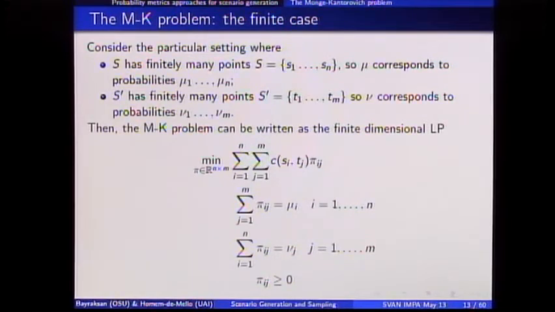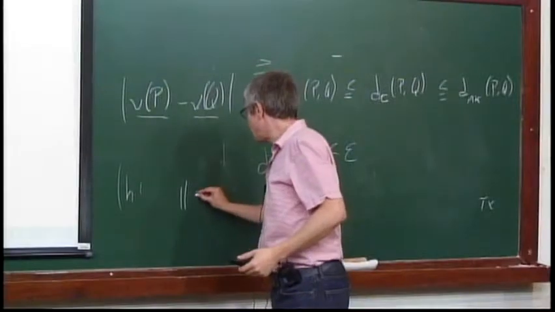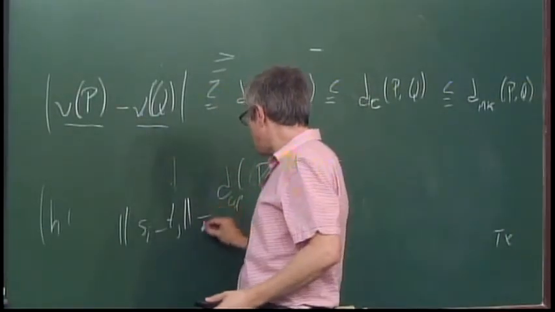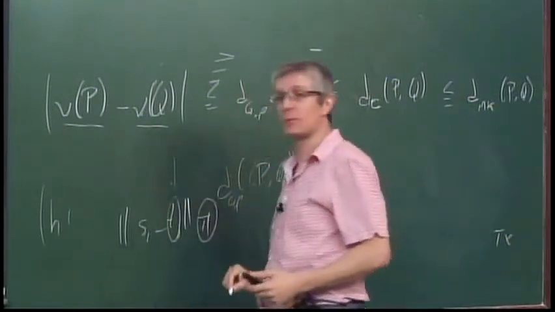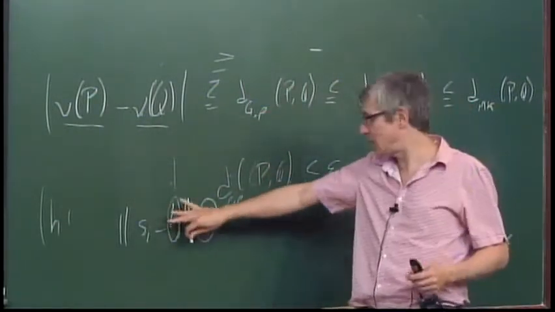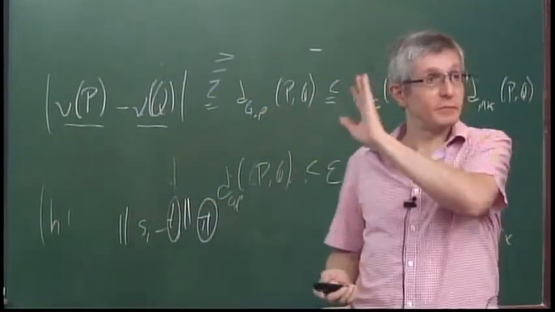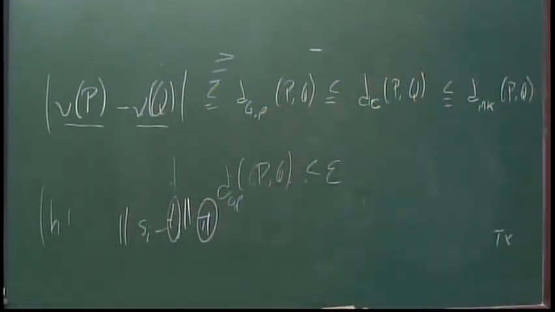Now this is a much more complicated problem, perhaps even non-convex, because we have this function. Imagine that this c function is the norm between s and t. Then your objective function will be the norm of s_i minus t_j times the pi. But this is a variable and this is a variable, so this is not as nice a problem anymore. Still, it's an optimization problem that can be posed and one can try to solve.